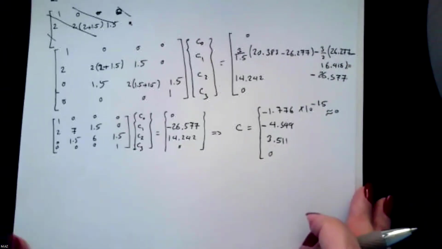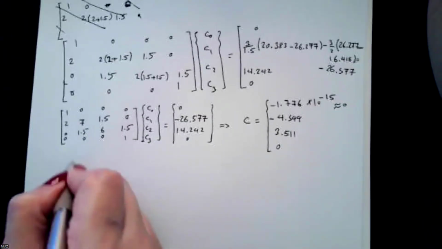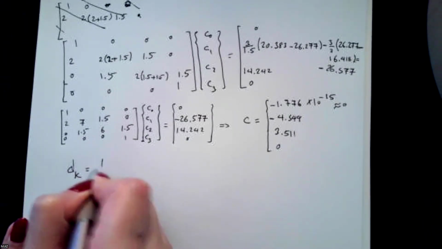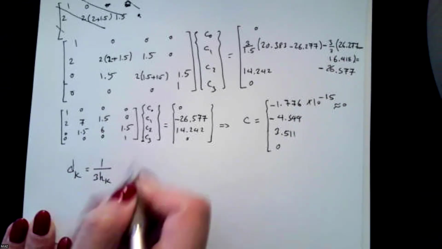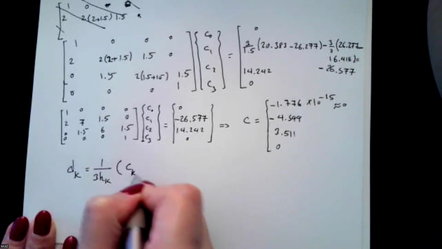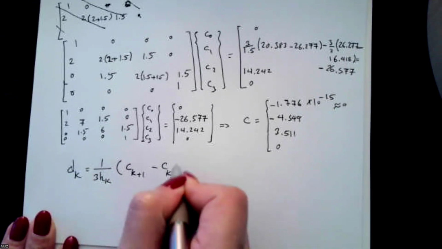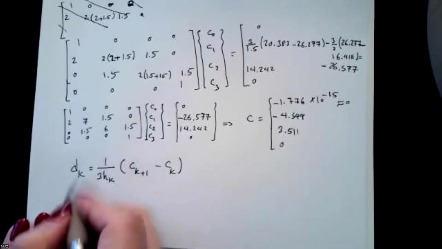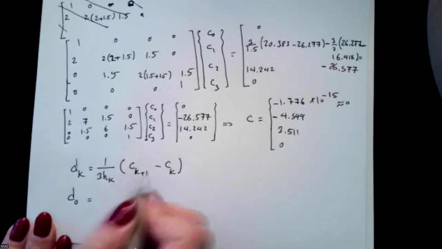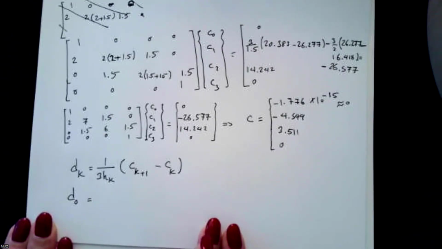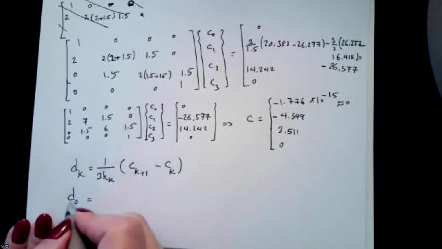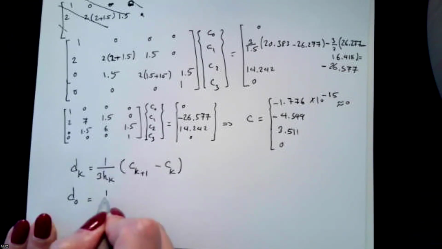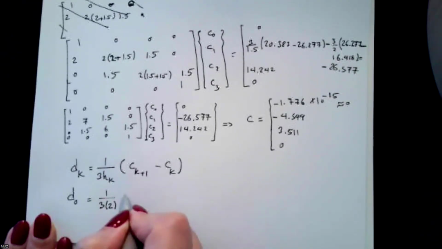The equation for finding the D is, I just try to find the D sub naught, and then we can apply it for the rest of the D. For example, for D sub naught, we have 1 over 3 times H sub naught, that the value is 2.